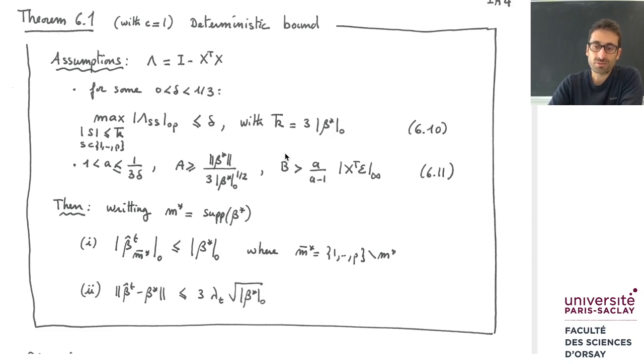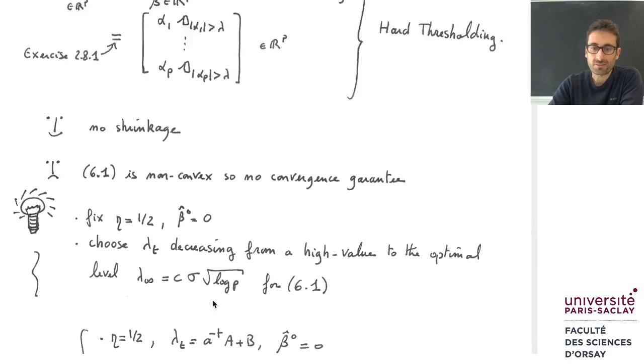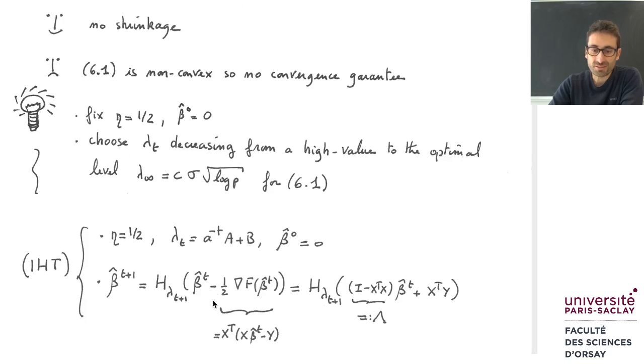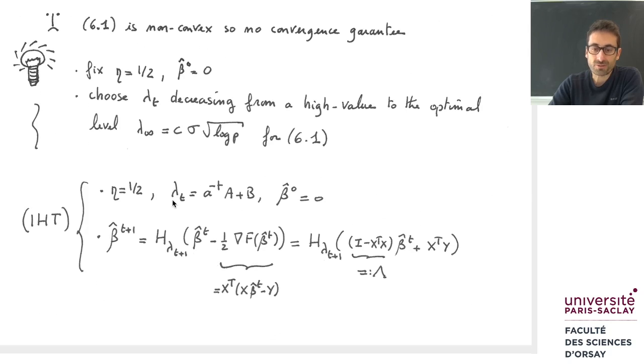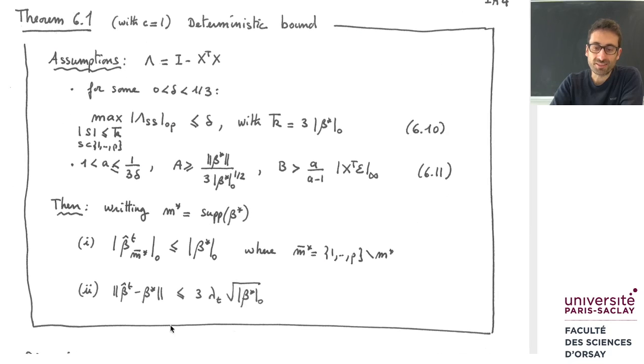And also, we need to stop the algorithm at some point. Here, we have a result which holds for any t, and I remind you that lambda t is of this form. So lambda t is decreasing towards b at a geometric rate, and we have a bound in terms of lambda t, which is this bound.